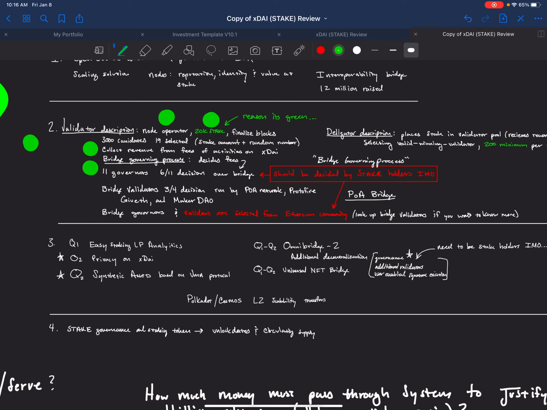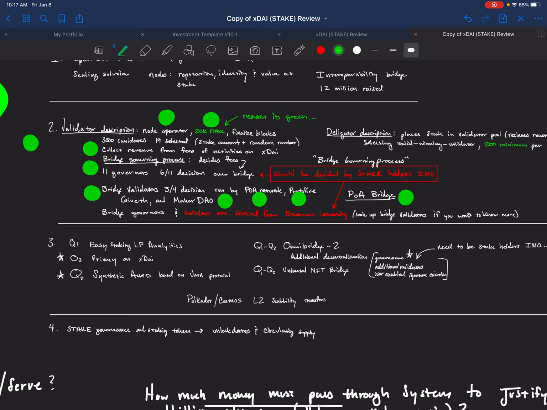So, bridge governing process. One thing I didn't like is that they have a proof of authority bridge, which is basically, the token is not in control of the bridge validation, which I don't like. The 3/4 decision is run by the POA network, Protofire, Giveth, and MakerDAO.